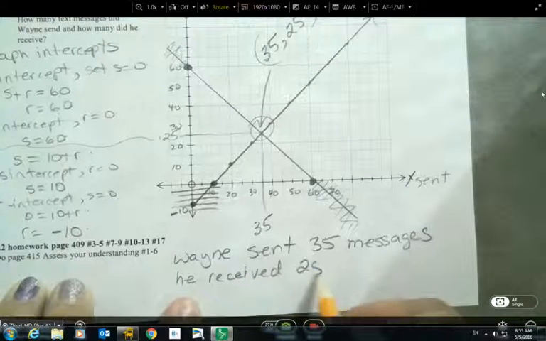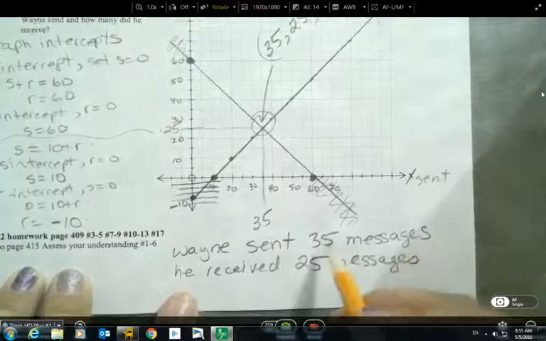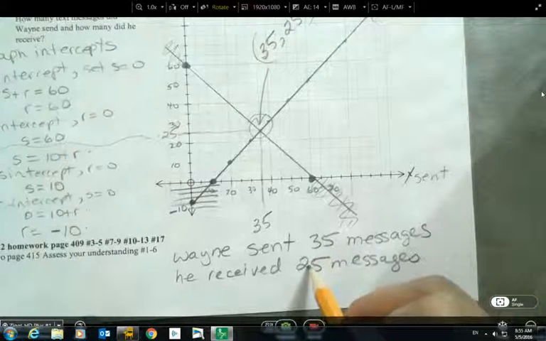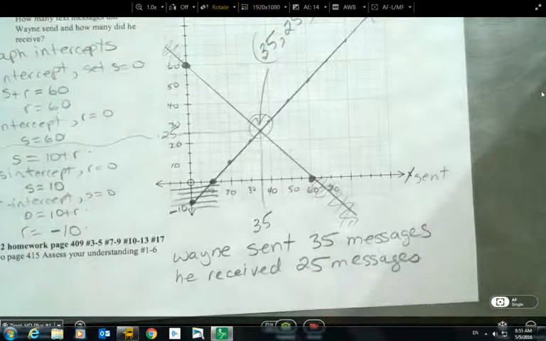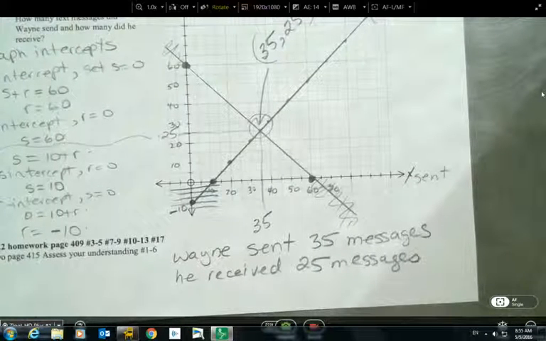He received 25. Okay, and this is the x-coordinate of my solution, and that's the y-coordinate of my solution. So every time, all you're doing is graphing the two lines and finding where they intersect.